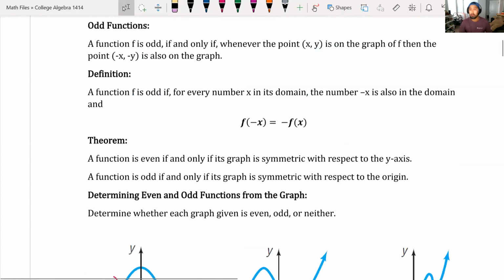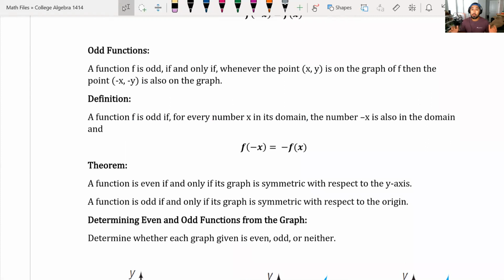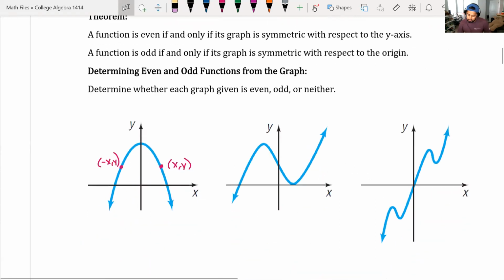Now we have an odd function. If your function is odd, then if there's a point x, y on the graph of f, then the point negative x, negative y is also on the graph of f. So what does that mean graphically? Well, let's look.